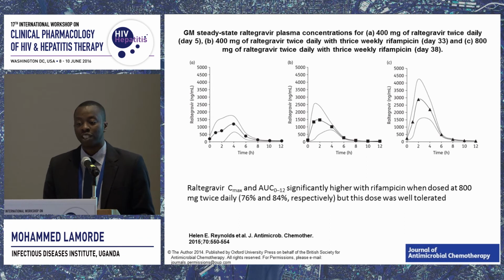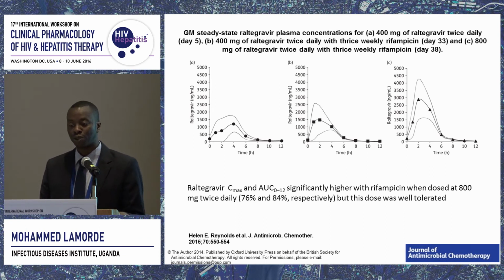This was an interesting study by Helen Reynolds, who works also with David Back's group. Here they were trying to look at the effect of the drug interaction with rifampicin when raltegravir is given daily, but rifampicin is administered thrice weekly. Previous drug interaction studies would have used daily rifampicin.